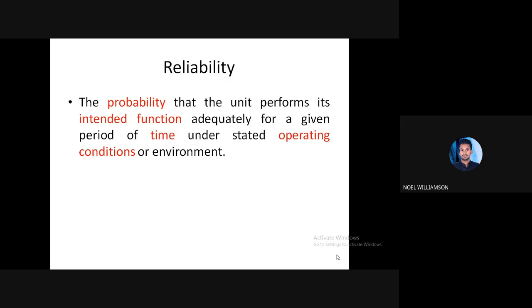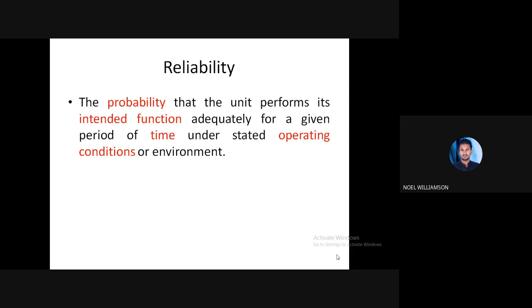Probability always lies between 0 and 1. If it is 0, it will always fail, that is 100% it will fail. And if it is 1, then 100% it will work properly.